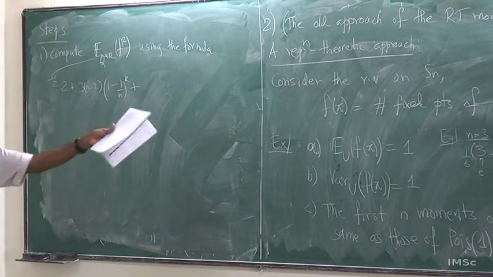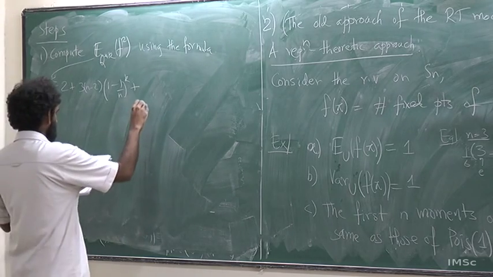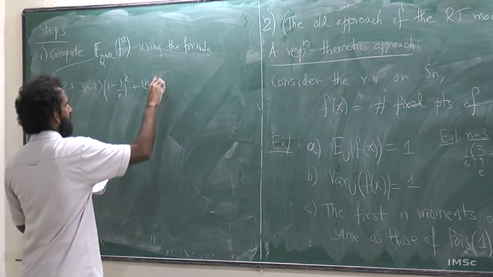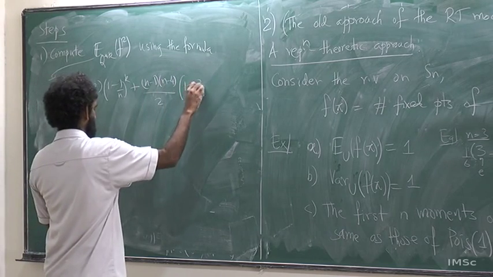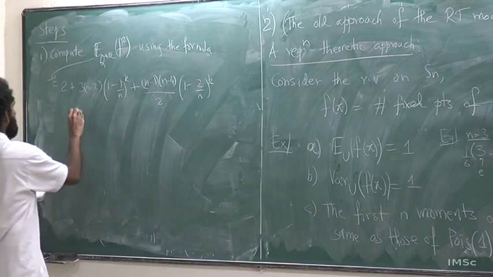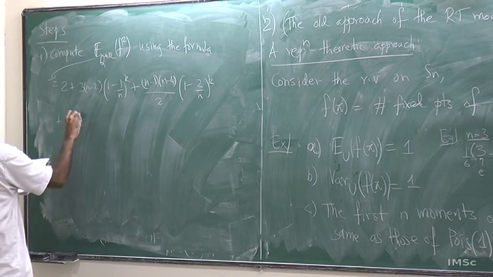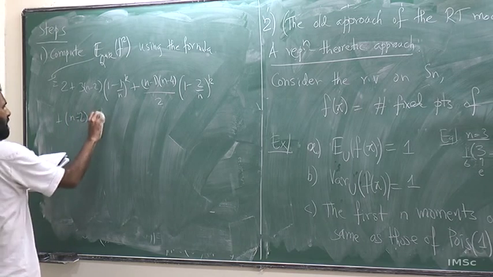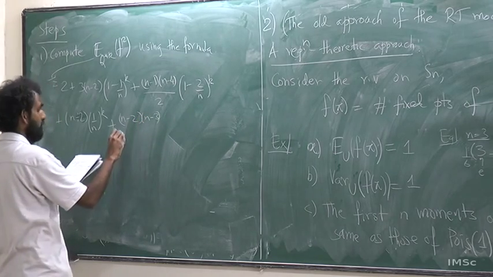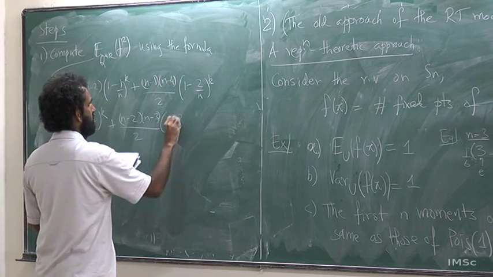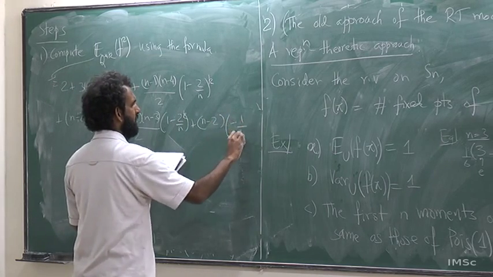So each term comes from one of those expansions over there, plus (n minus 1)(n minus 4) by 2 times (1 minus 2 by n) to the k, plus (n minus 2, 1) by n to the k, plus (n minus 2)(n minus 3) by 2 times (1 minus 2 by n) to the k, plus (n minus 2) times (minus 1 by n) to the k.